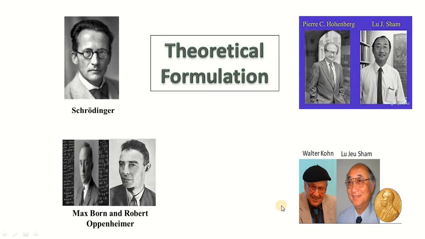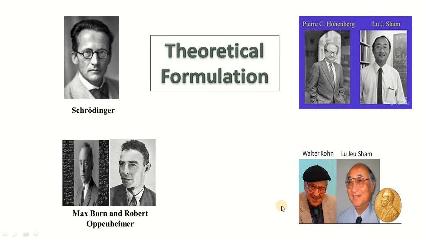For the generalized gradient approximation, a new gradient term was introduced. So we can use the generalized gradient approximation for non-uniform systems to find the exchange and correlation functional value, and for this purpose a new gradient of the exchange and correlation potential was introduced, which is acceptable for non-uniform systems.